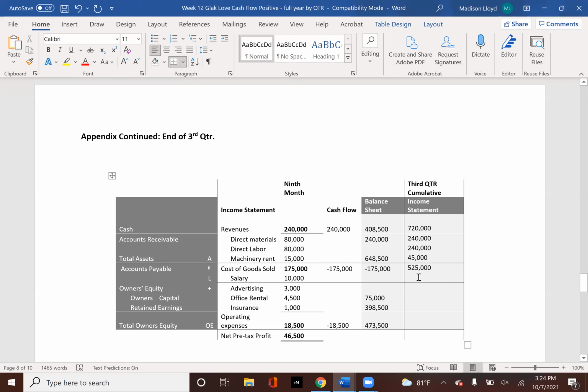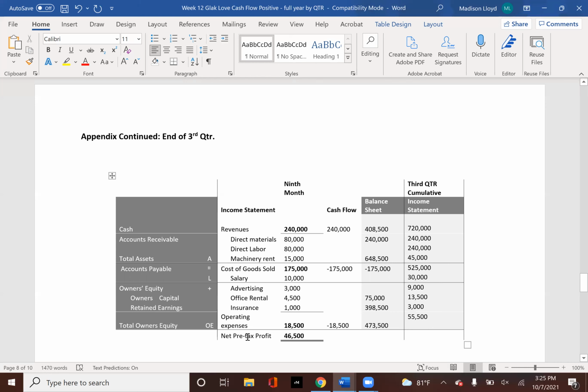Our salary is going to be $10,000 times 3, $30,000. Advertising, $3,000 times 3. Rental, 13,000. Insurance, $1,000 times 3, $3,000. And total operating expenses, 18,500 times 3. It's going to be 55,500.